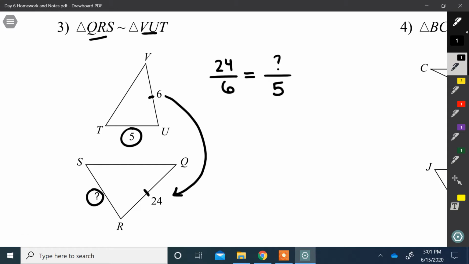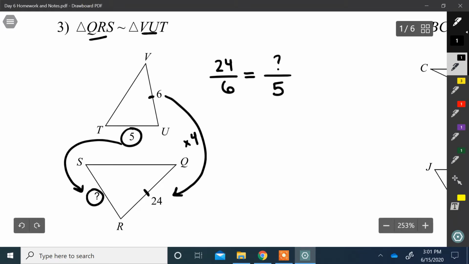Okay, one way you can do this though, very easy, is to realize, hey, 6 times what is going to give you 24? Okay, 6 times 4 is going to give you 24. So if I want to find the answer very easily, what I do is 5 times what? 5 times 4 is going to give me 20. So the question mark here should be 20.